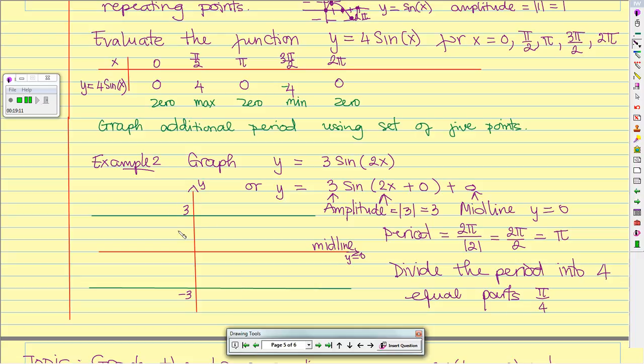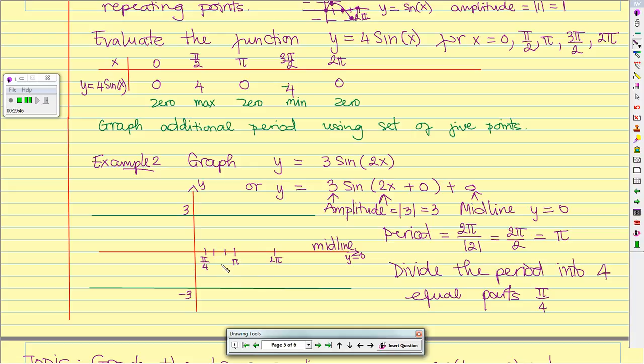And since we know the pattern of the sine function, I'm going to start with the midline first. I make sure I label my periods, so let's graph 2 periods. The period is pi. So divide that into 4 equal parts. So each one of the parts will be pi over 4.